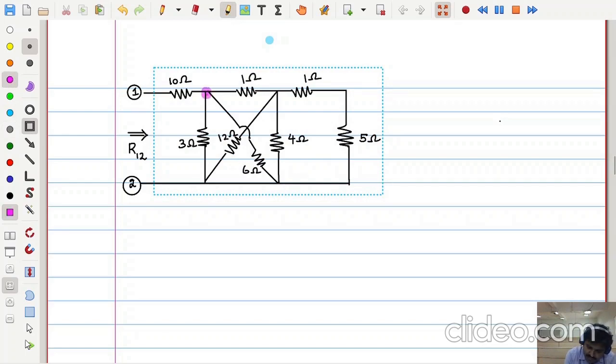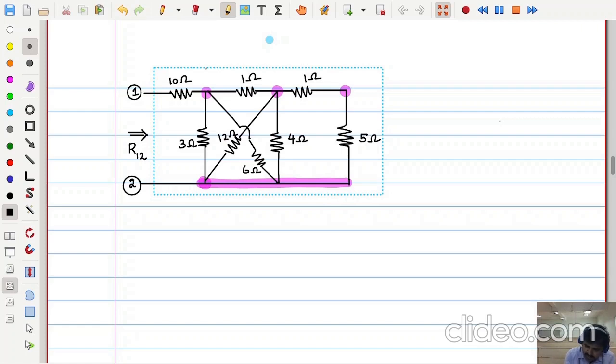This is one node. Second, third, I can say this also is a node, no issue. But this entire thing up to here is the same node. This is the junction which is connecting many elements. And this is one more. So strictly speaking, this is terminal 2.